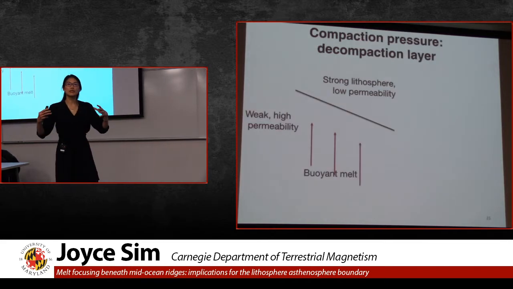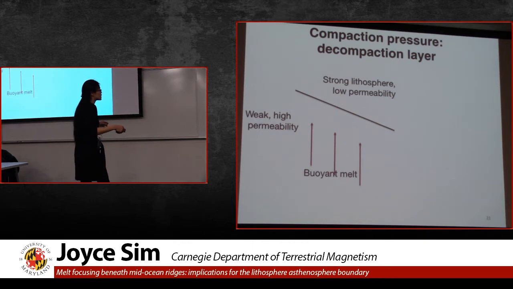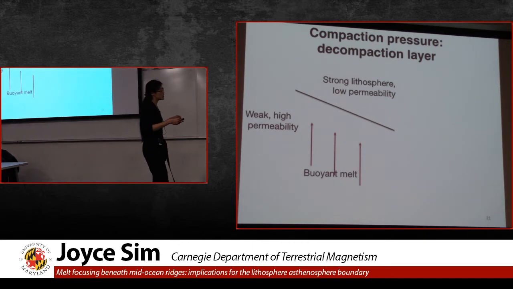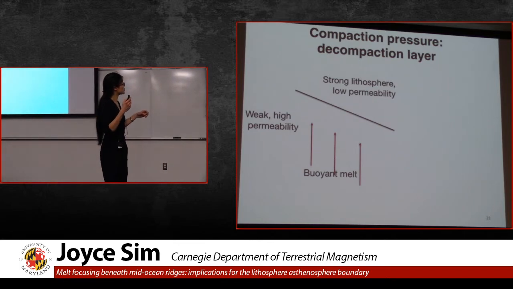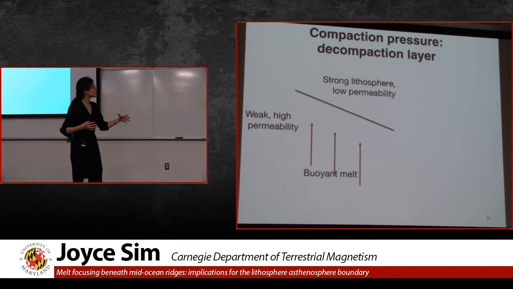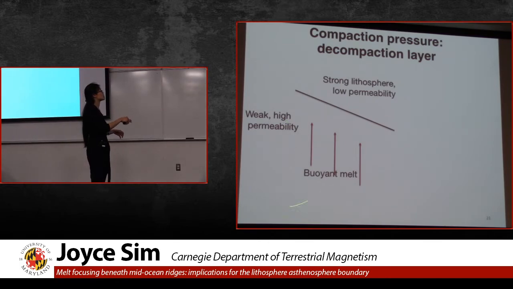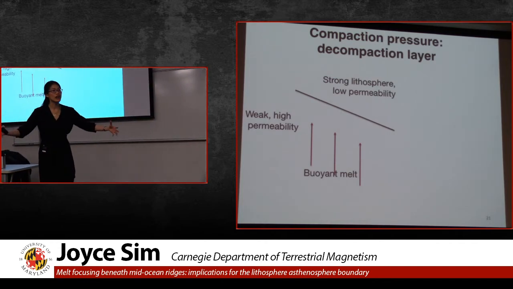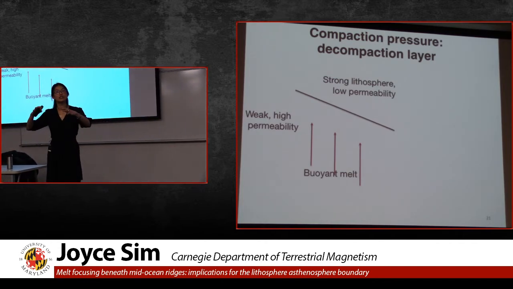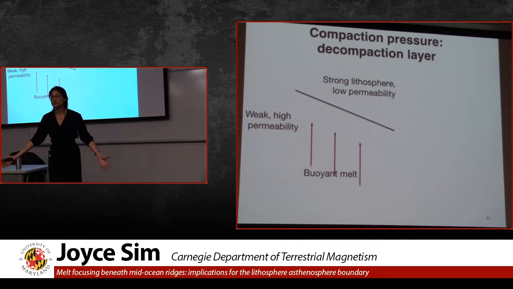So for a decompaction layer, it's essentially due to the compaction pressure. You have a pretty weak mantle with higher permeability, and you have buoyant melt that's generated in a pretty wide region that's just moving up.